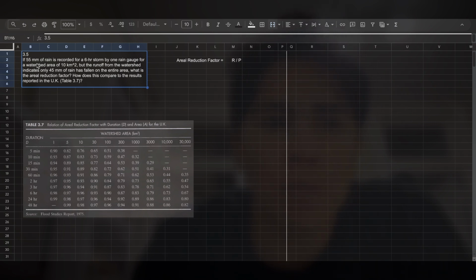However, once all this amount of water gets to the ground and runs off, there is a gauge on this stream that indicates only 45 millimeters of the rain, which means there was some water that was lost in the air between, I would say, the clouds and the ground. So that is called area reduction factor.